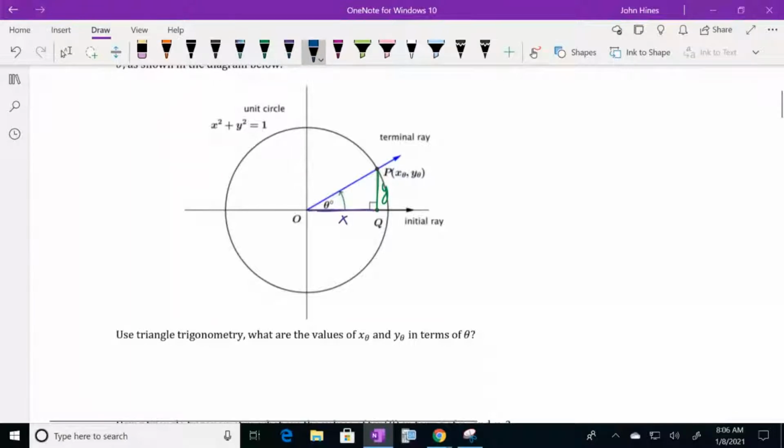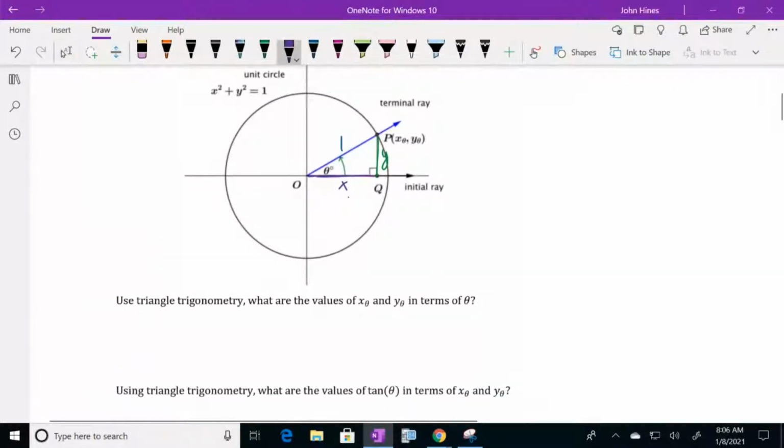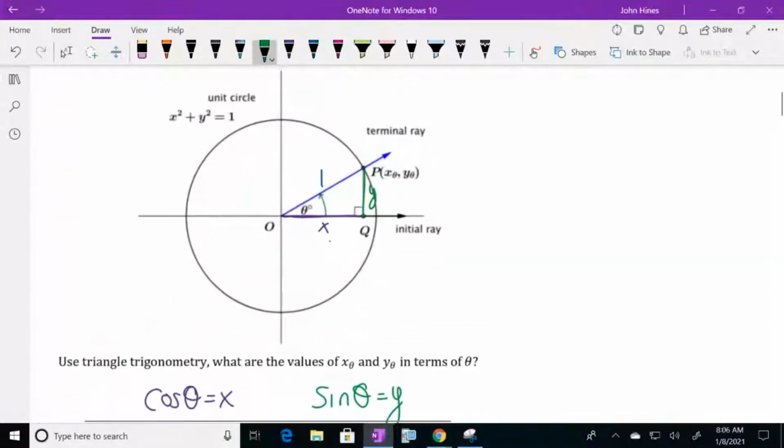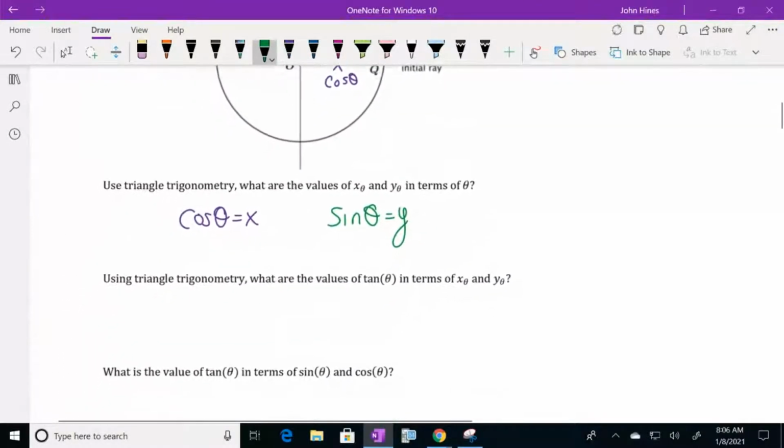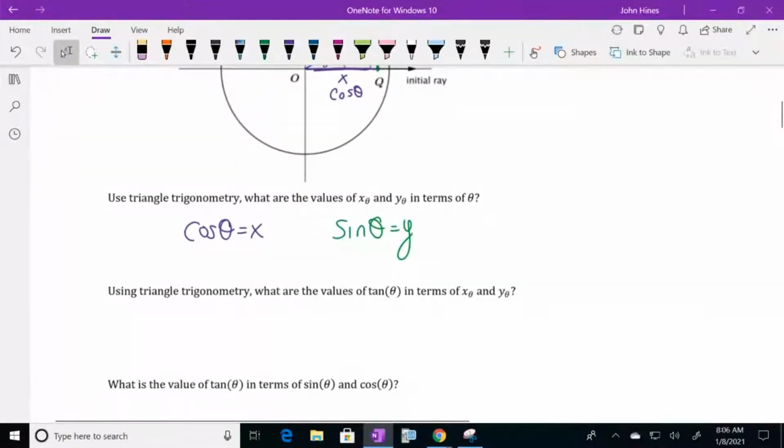Well, I'm in the unit circle, so I have a hypotenuse of 1. So adjacent over hypotenuse, we need to remember that the cosine of theta is x, and the sine of theta is y. So in this triangle, the cosine of theta is this horizontal distance, and the sine of theta is this vertical distance. So using triangle trigonometry, what's tangent?